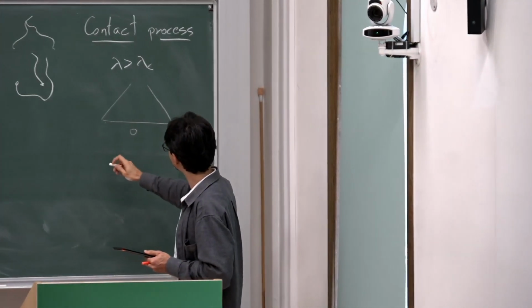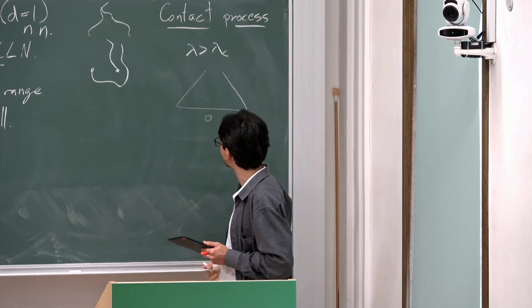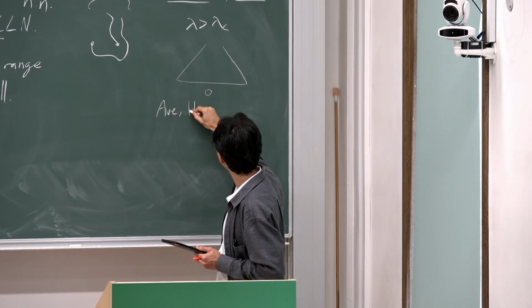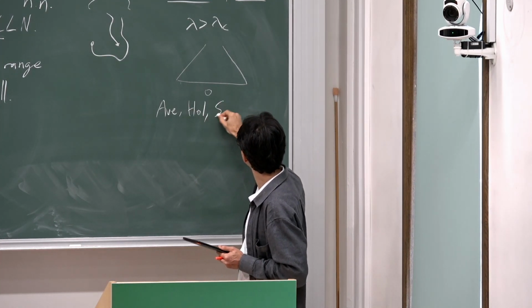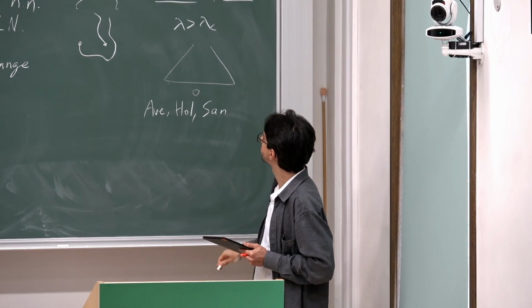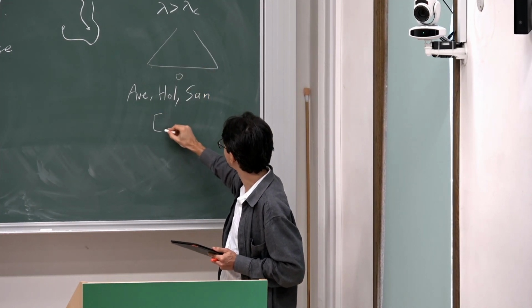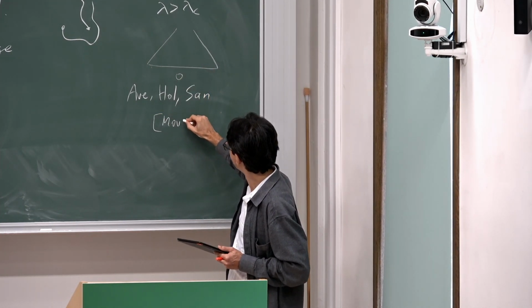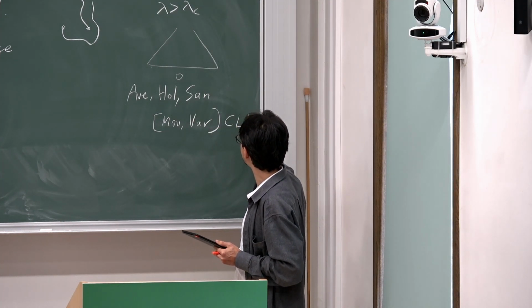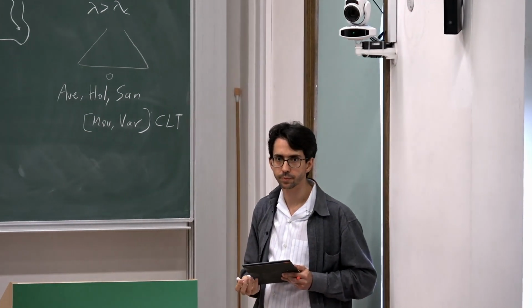Okay, and the random walk on top of the contact process was studied by Avena, Frank, and Renato. But really the big milestone here was by Tom and Eulalia, and they showed CLT for the random walk on top of the contact process, no matter the parameters.